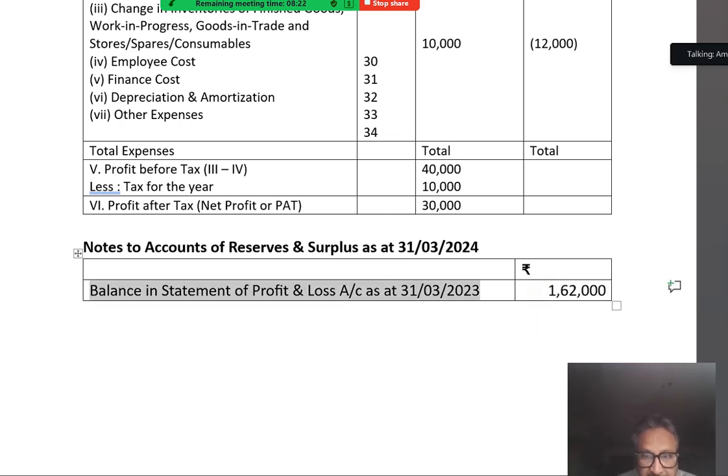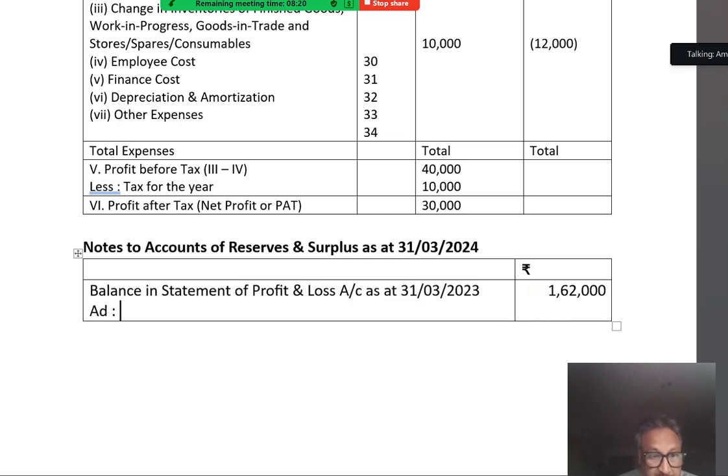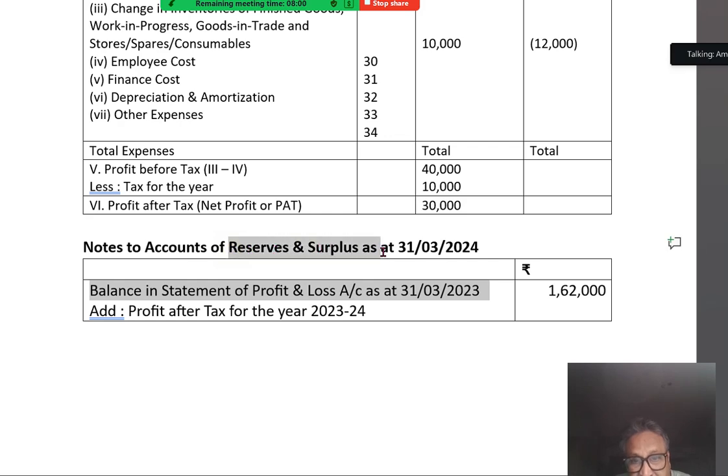I'm writing here hypothetical figures. So we write here balance in statement of P&L as at the end of the previous year. Here I am preparing reserve and surplus as at 31st March 2024.